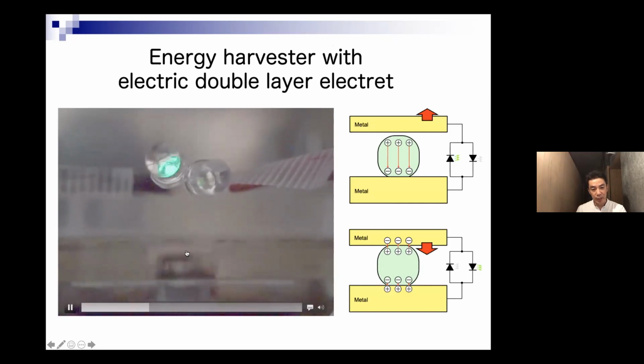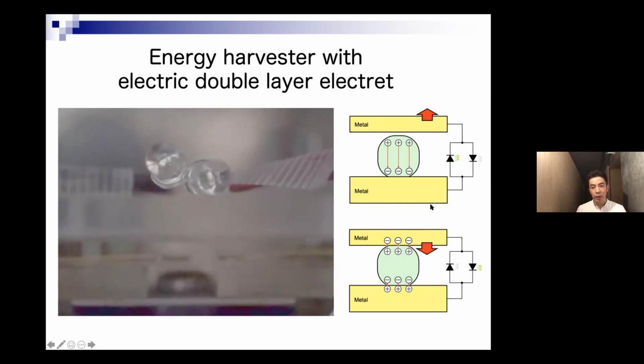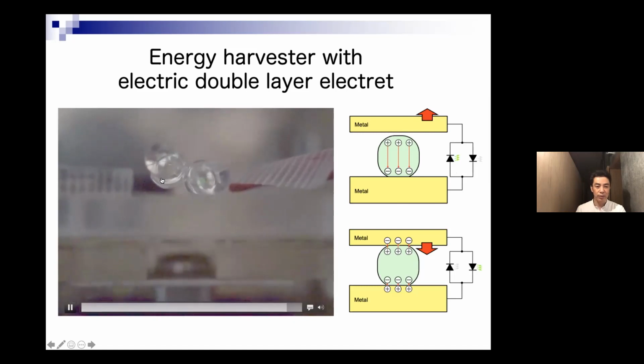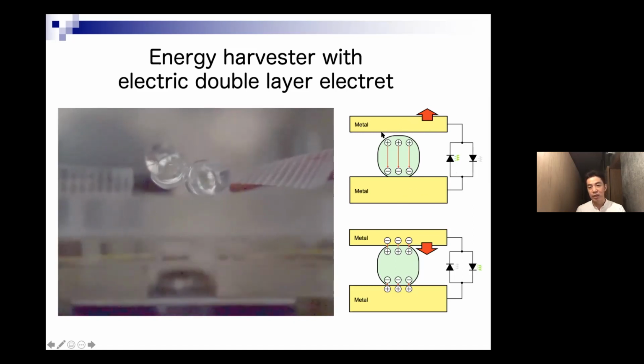And this is a demonstration of the vibration energy harvester. Here is the electric double layer electrode. When we touch and detach, the current flows in the opposite direction, and we can see the blinking of the LED light, which is in different directions.